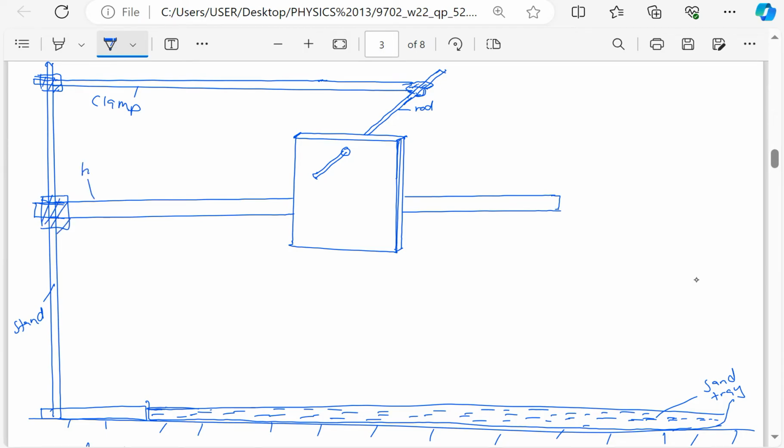This is going to be the rule. It is a meter rule.